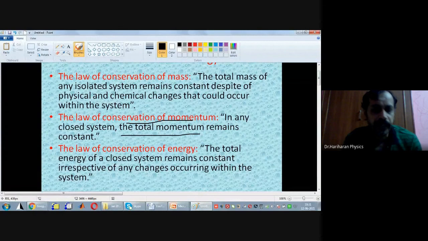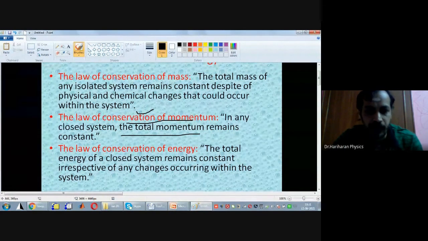Anything that is maintained at a constant value, we call it what? Conservation. For example, the number of trees is decreasing. Therefore, to increase greenery, you have to plant more trees so that the number of trees at any given point of time is maintained at a constant value. That's what you mean by law of conservation.